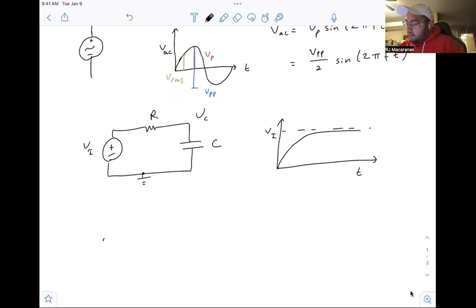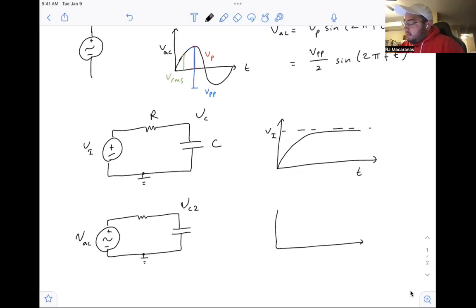But what happens if we were to have an alternating current? Well, let's call this VC2 and VAC. The capacitor may or may not have enough time to build that charge up.